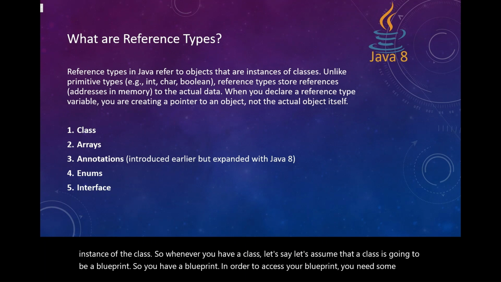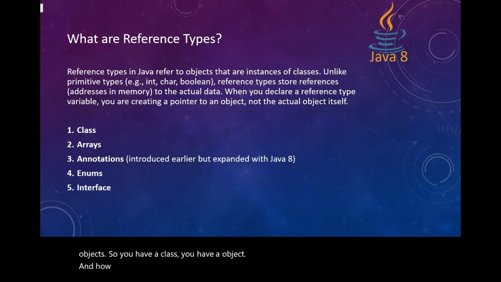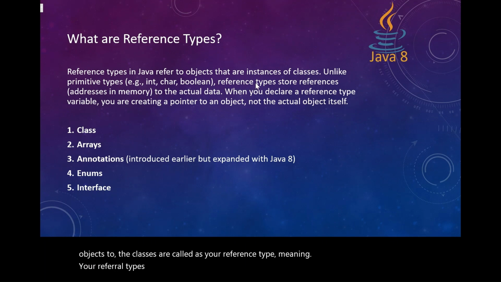So you have a class, you have an object, and how would you refer to those objects? The references that connect your objects to the classes are called your reference types, meaning your reference types are going to refer to the addresses in the memory.